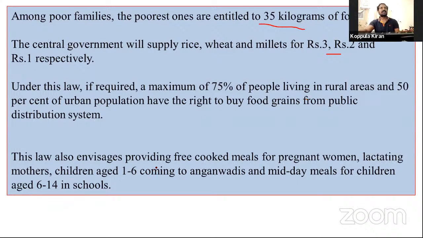This law also envisages providing free cooked meals for pregnant women, lactating mothers, and children aged 1 to 6 coming to Anganwadis, and midday meals for children aged 6 to 14 in schools. We have seen in our schools, particularly, we have taken midday meals, 1st to 10th class, 6 to 14 years of age.